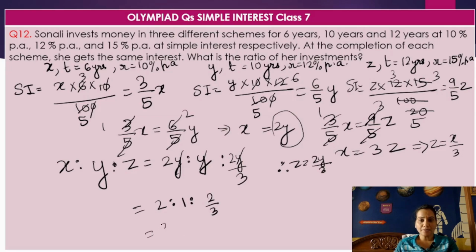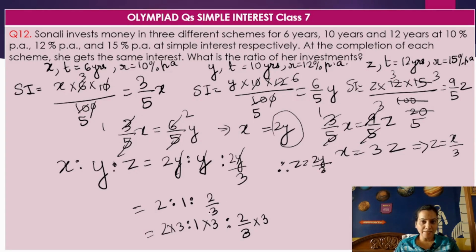Now I can multiply 3 in all the ratio components. Suppose we need to divide, we will divide from all the ratio components, ratio terms. If we are going to divide something or multiply something, we are going to do it for all the ratio terms. Then the ratio terms do not change. The ratio of investments will not change. So here I am multiplying 3 everywhere to bring a whole number.